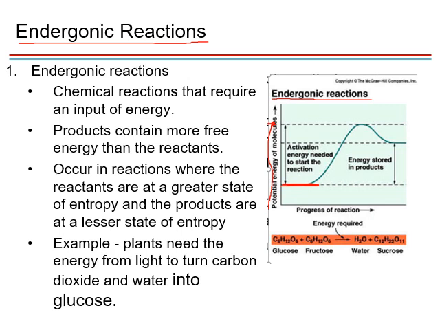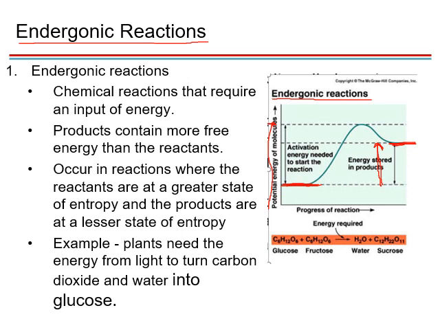The potential energy or the free energy of the products is greater than the reactants. This can't just happen. This reaction doesn't go without an addition of energy. So we have to put some form of energy in to make this reaction take place, to go from reactants with lower free energy to a product with higher free energy.